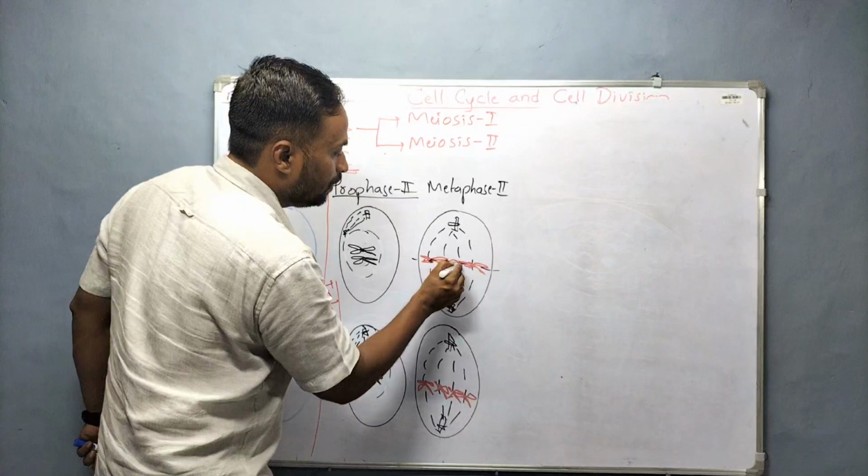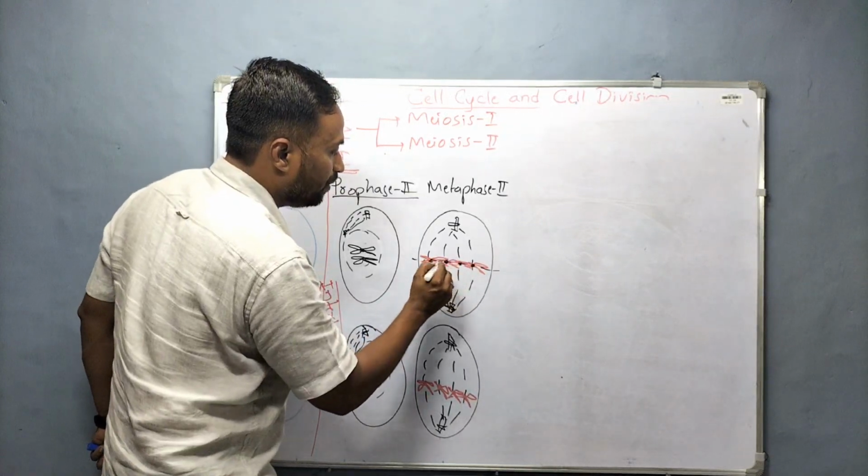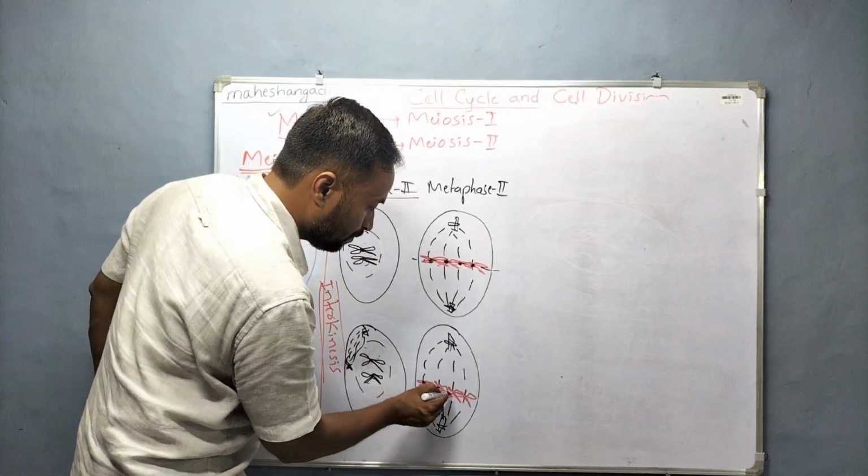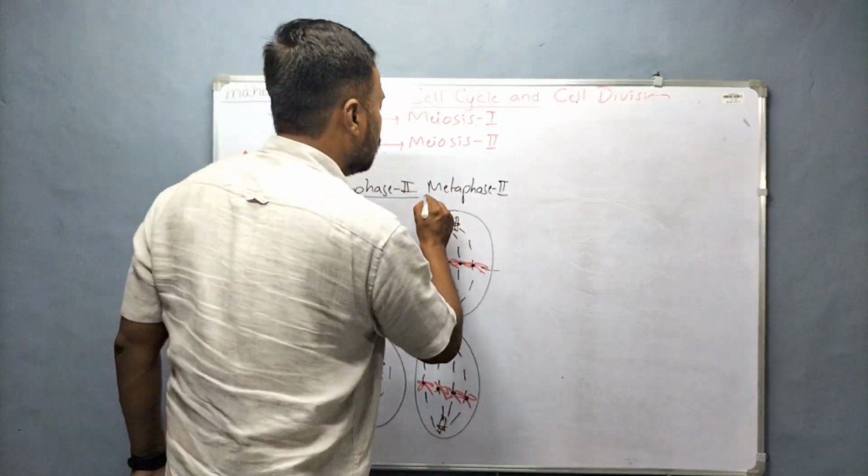Centromere. On the centromere, a disc shaped structure is called the kinetochore. This is metaphase 2.